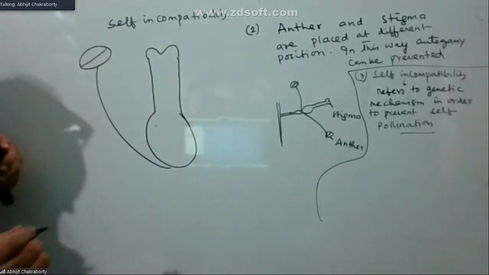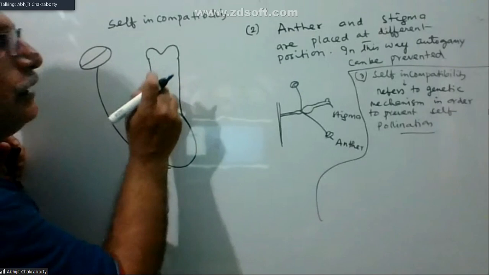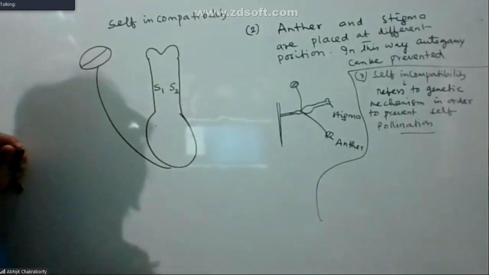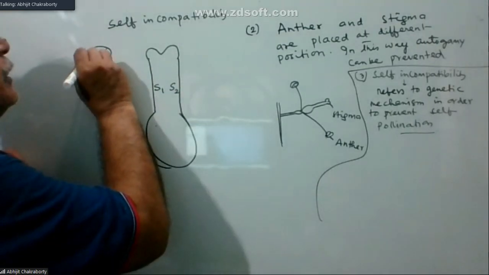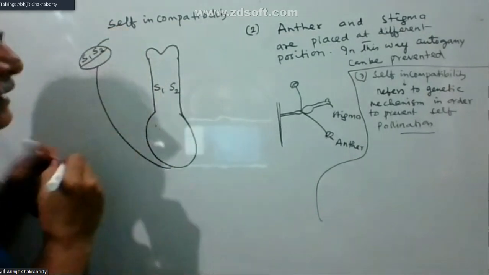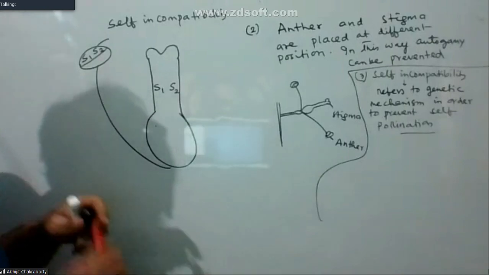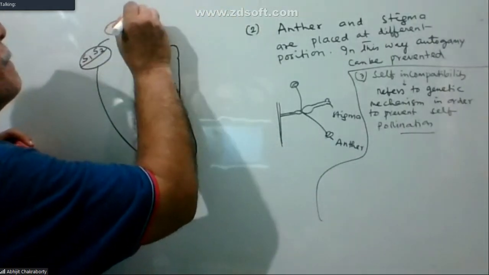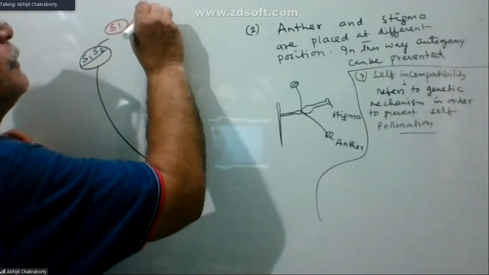Now you see, the self-incompatibility factor found in the stigma is S1 and S2. And here is also S1 and S2. The pollen grains released, one is S1 type, other is S2 type.